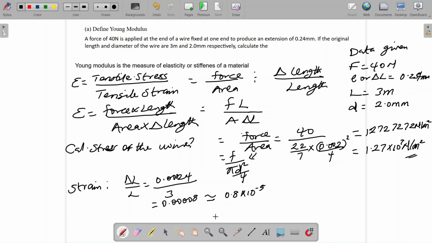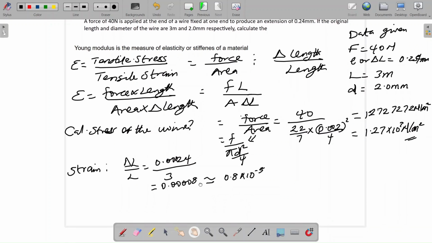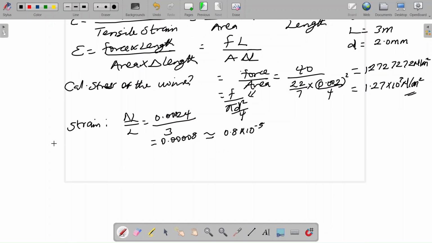The next question is now to calculate Young modulus, which is E. Your E is stress over strain.